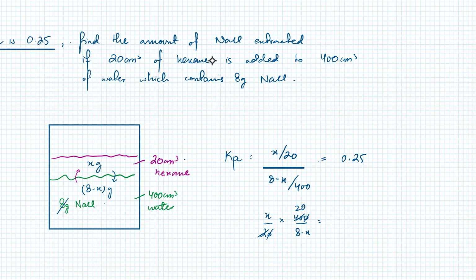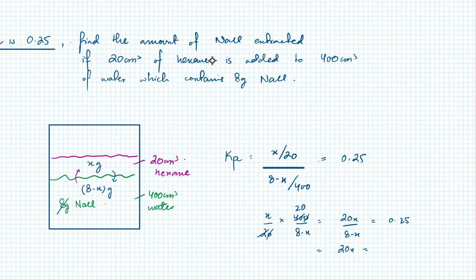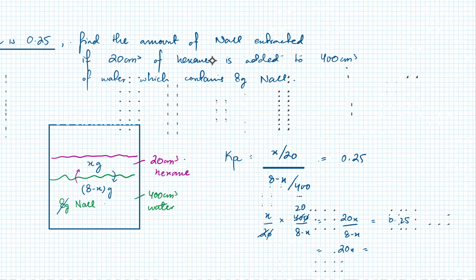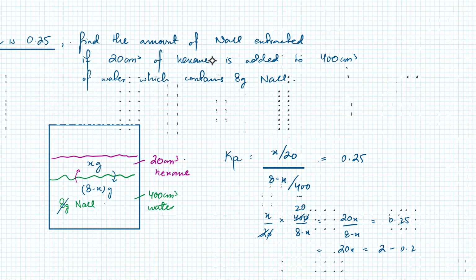So basically it's 20x divided by 8 minus x, and that's equal to 0.25. And we solve for this. So 20x, 0.25 into 8, what is that? That's 1 over 4 into 8, that's 2. Yes, 2, minus 0.25x, right?